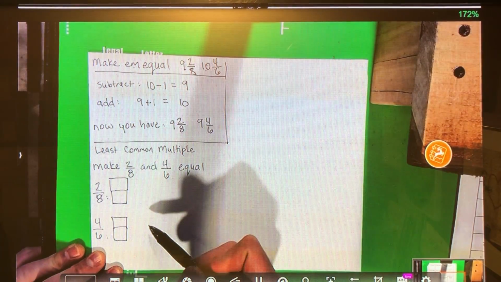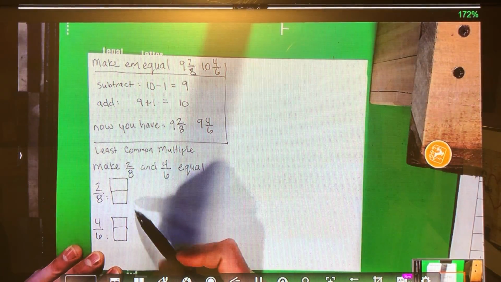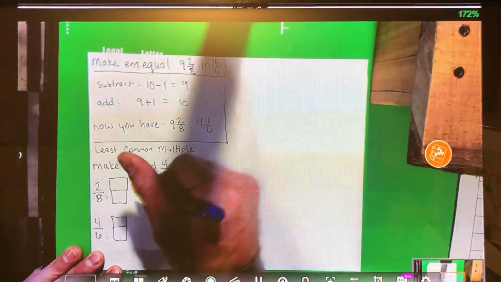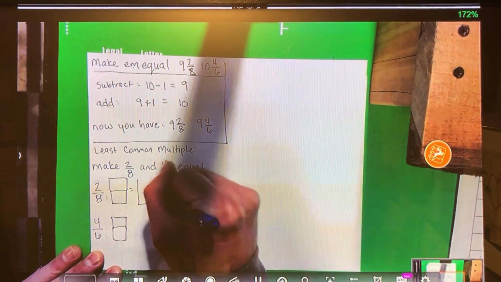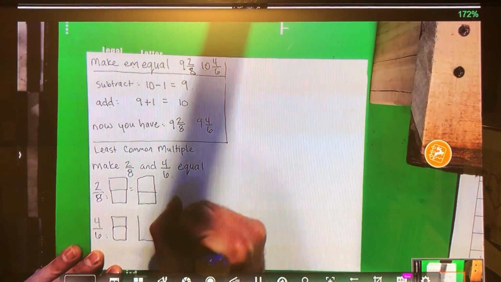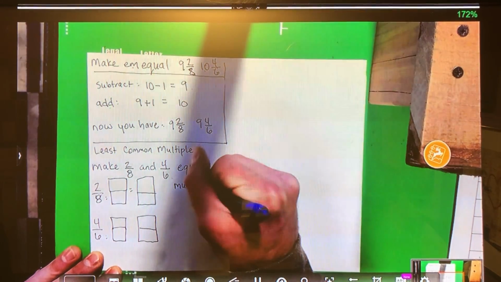So what we can do is we can look at the multiples of 8, okay? So as we are listing the multiples of 8, I'm just gonna draw these boxes here for future reference. Okay, and now we can start listing the multiples.